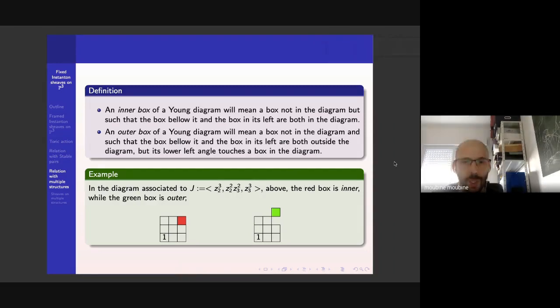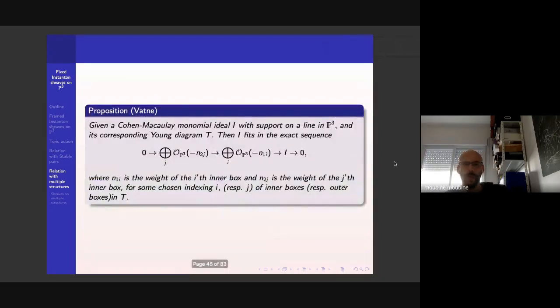Okay, so this will be useful actually to describe the ideals by means of resolutions. And we have this theorem that every Cohen-Macaulay monomial ideal will be given by this resolution. N1i are the weights of the inner boxes, and N2j are the weights of the outer boxes.